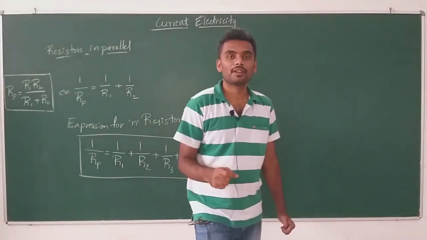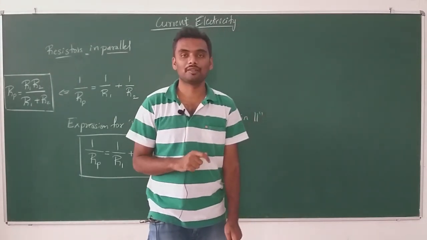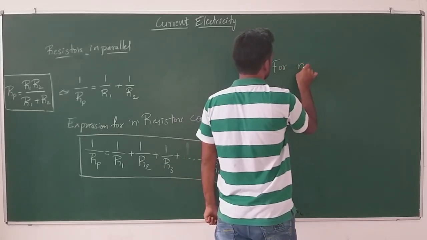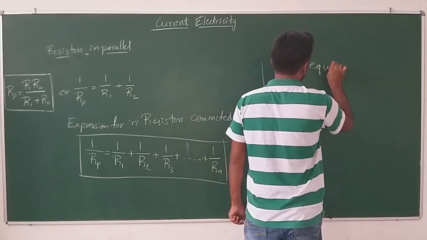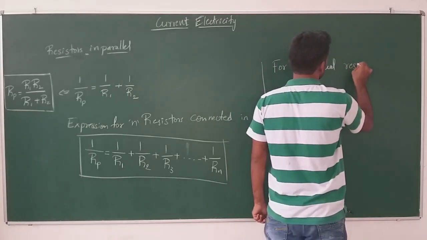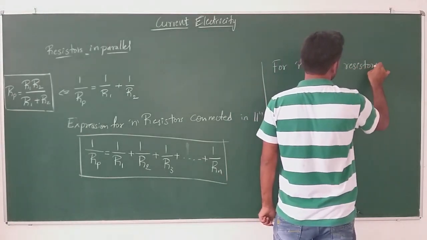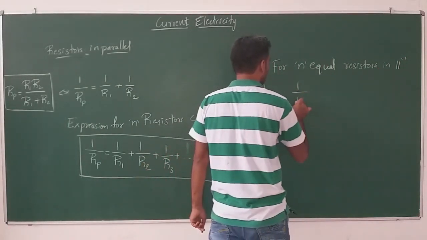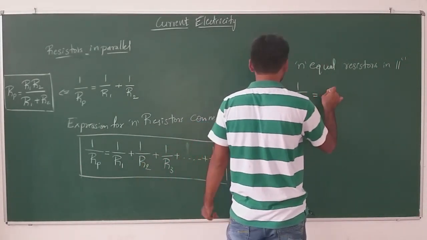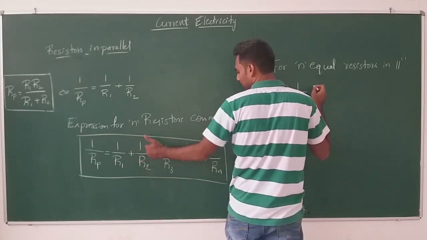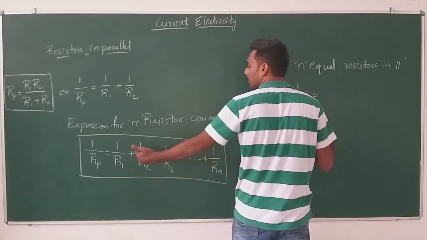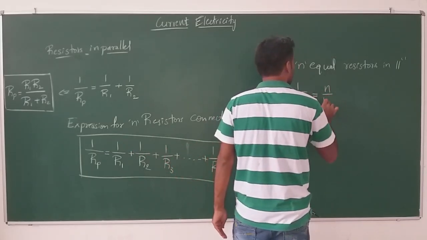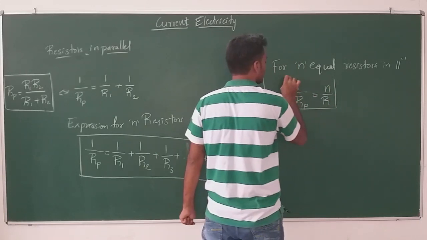Now, if n equal resistors are connected in parallel, for n equal resistors in parallel, the expression becomes 1 by Rp, the effective, is equal to 1 by R plus 1 by R plus 1 by R plus 1 by R, that is 1 by R, 2 by R, 3 by R, 4 by R and so on, which is equal to n by R. Okay.